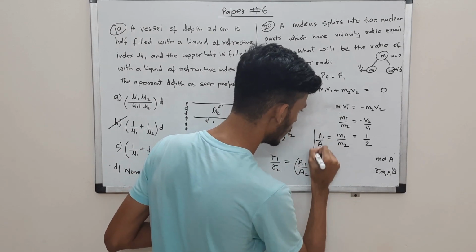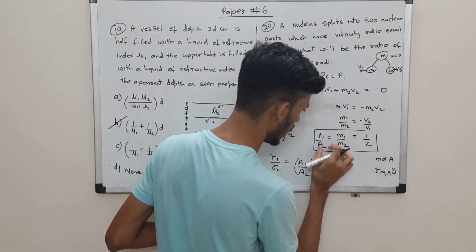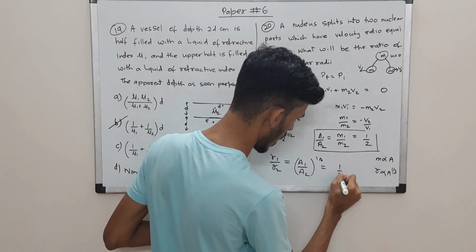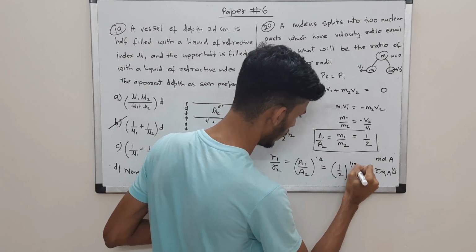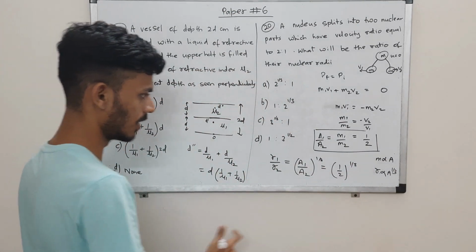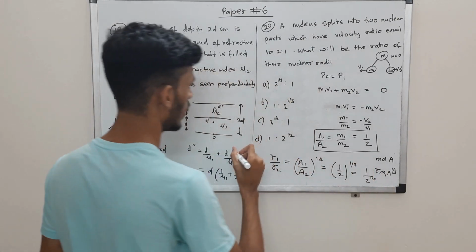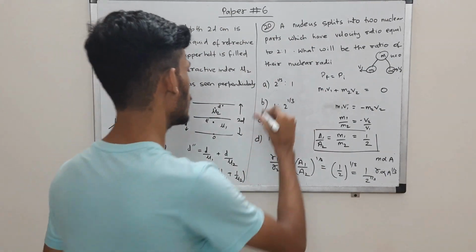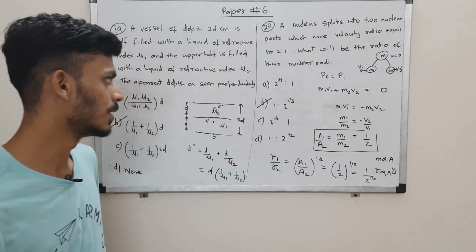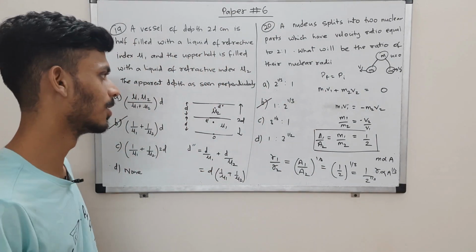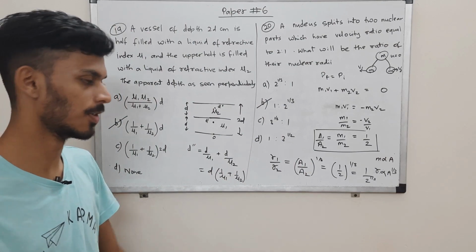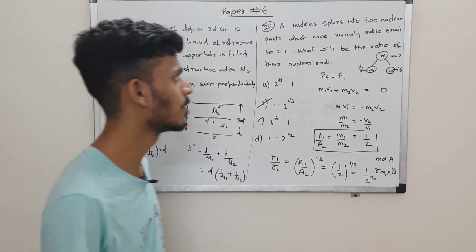You directly know that a1 by a2 is half, and that will be raised to 1/3. So the correct choice is 1 upon 2 raised to 1/3, where 1/3 means cube root. So option B, 1 is to 2 to the power 1/3, is the correct choice over here.